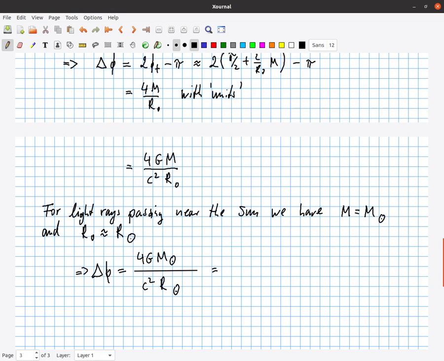And if you pop this into a calculator, you will find 8.5 times 10 to the minus 6. Recall that this object here by construction is dimensionless. And astrophysicists like to count angles not in these dimensionless units, but in arc minutes and arc seconds. So if we work this out, you get roughly 1.75 arc seconds.